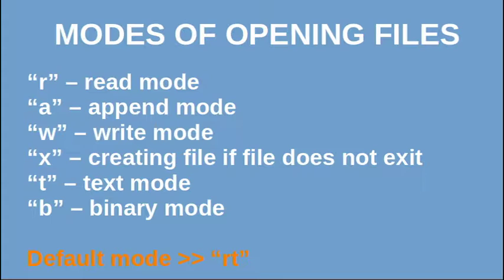If you use AT, append text. There's also binary: if you use RB, read binary; WB, write binary; AB, append binary. I hope you understand. It might be confusing right now, but if we go into depth and see it more practically, it's much easier to understand.